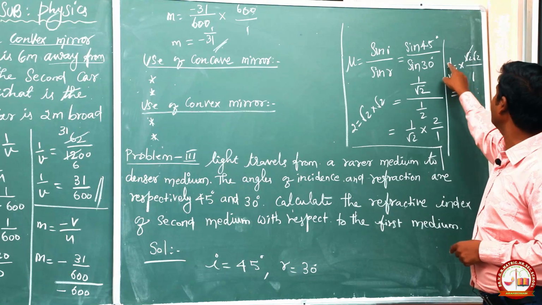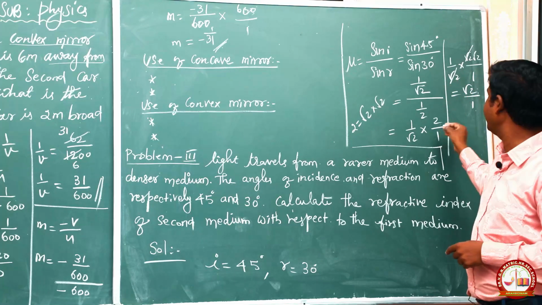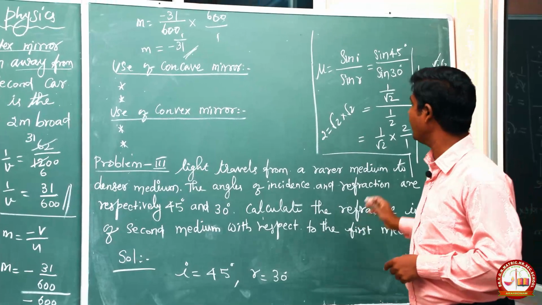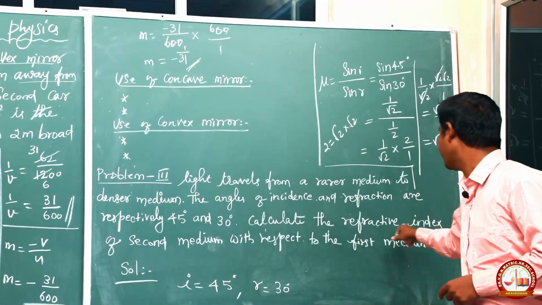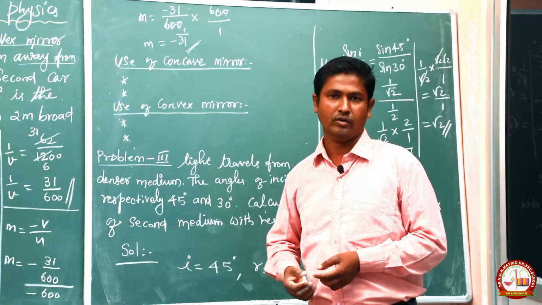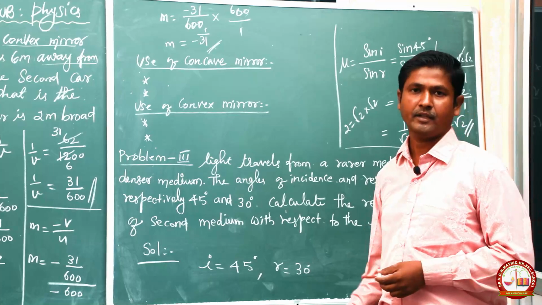So the answer is 1 into root 2 divided by 1, and dividing by 1 keeps the value the same. So root 2 is the answer. The refractive index value is root 2. The refractive index has no unit. So this is a very important problem. Okay, thank you students.